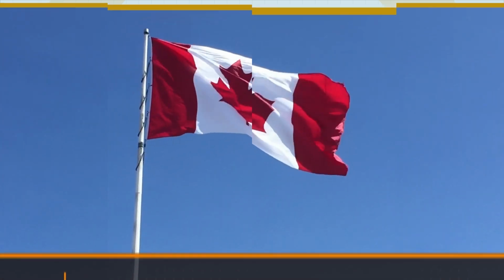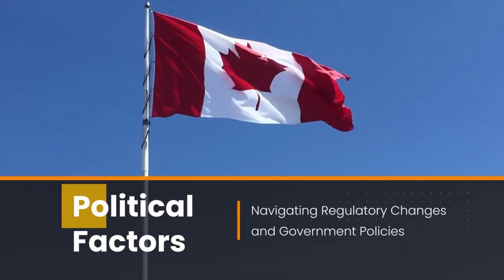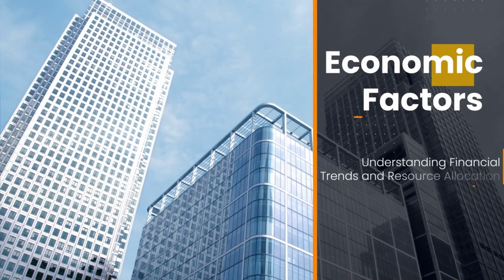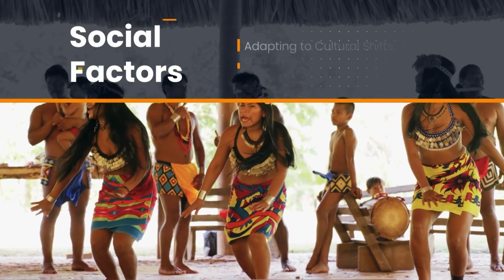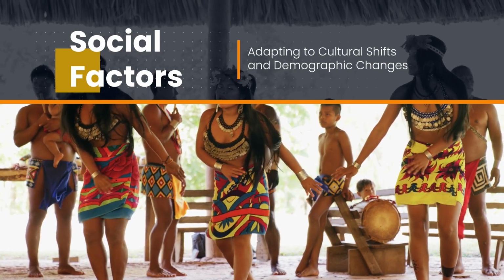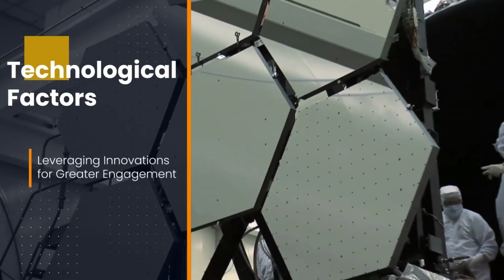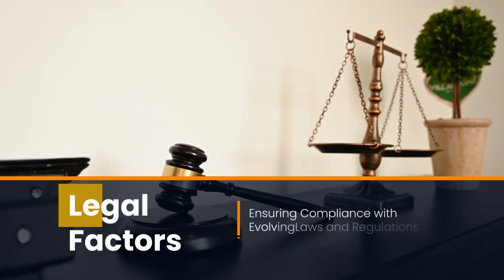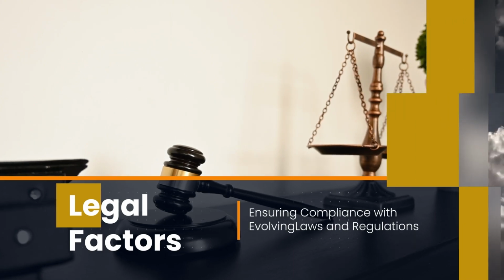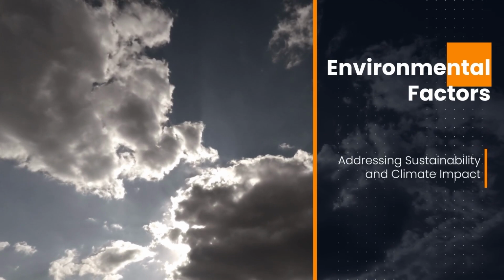PESTLE prompts you to explore political factors like regulatory changes and government policies, economic trends that might affect funding or resource allocation, social influences including cultural shifts and demographic changes, technological advancements that could open up new channels for engagement, legal requirements to ensure your strategy complies with current laws, and environmental considerations such as sustainability and climate impacts.